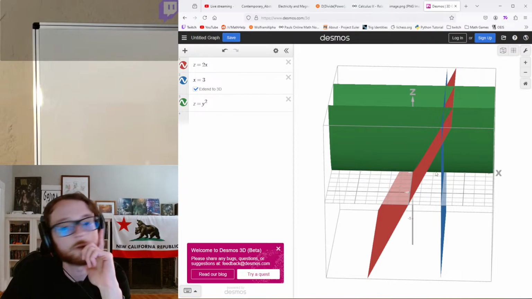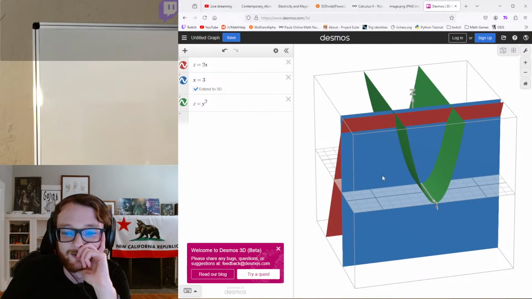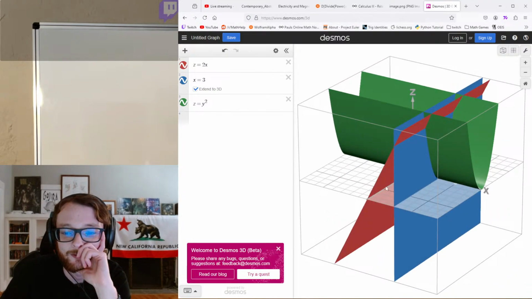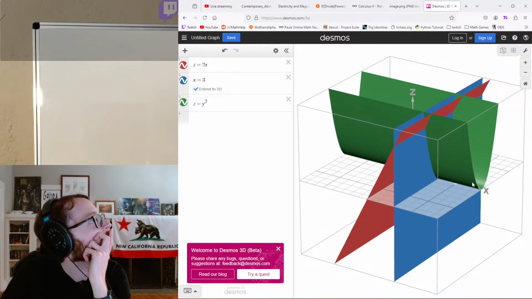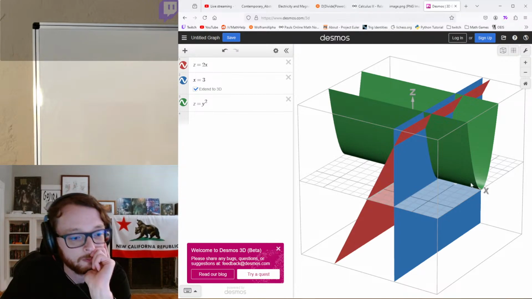Does that make sense what I just said? When y equals 0, y is along there, yeah. So wait, can I make a two-dimensional impression with y equals 0?